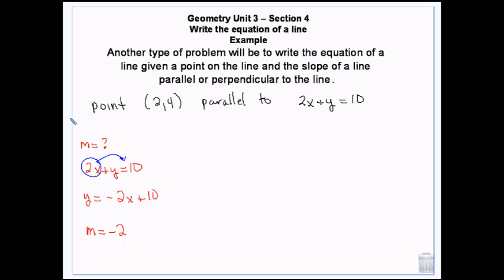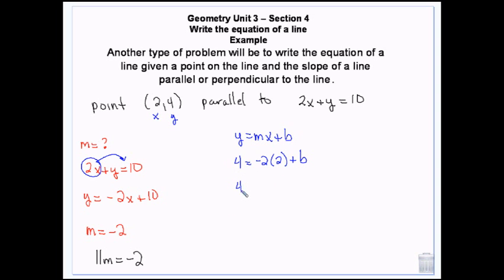Okay, so I want to do a parallel to this line. So I want to use the same slope, right? So if m is negative 2, parallel m is also negative 2. And this is x and this is y. So I'm going to plug in that information. 4, negative 2, 2, and then I'm going to find b.